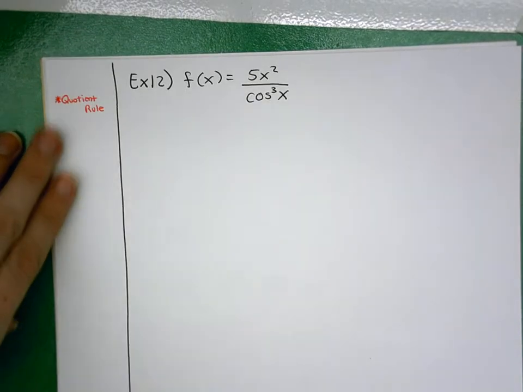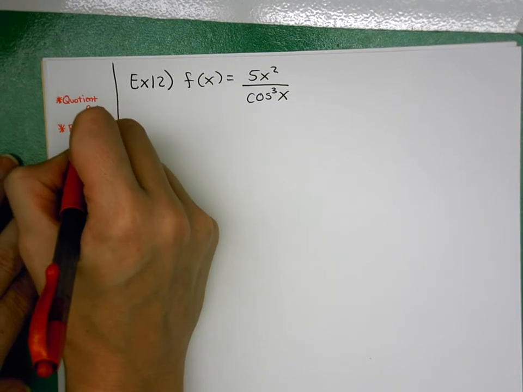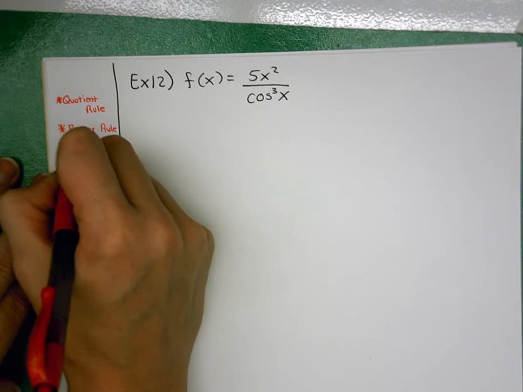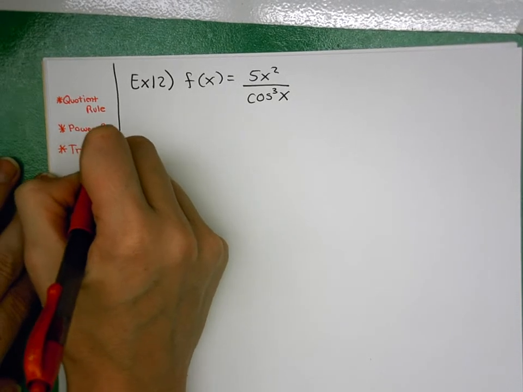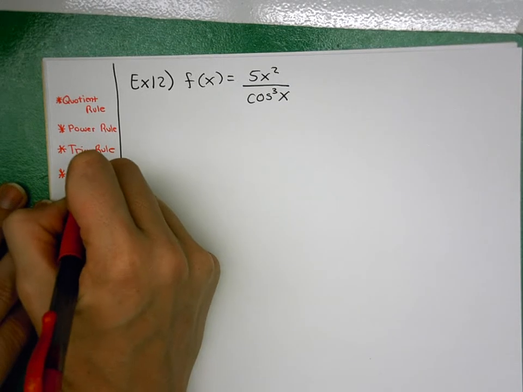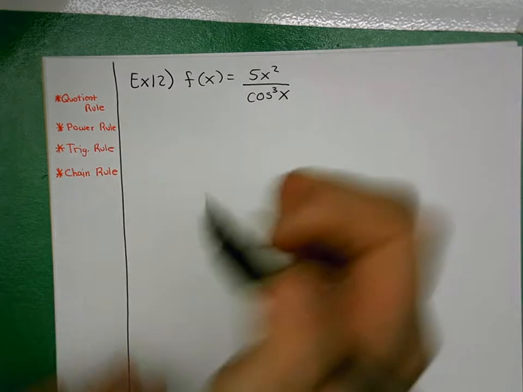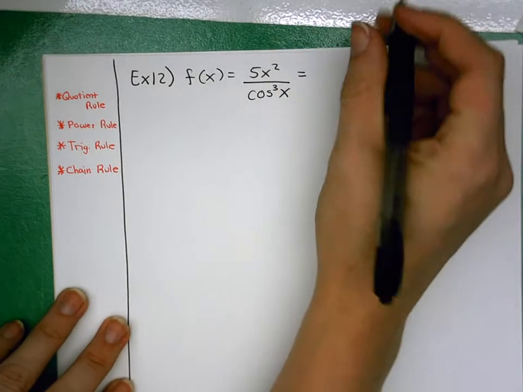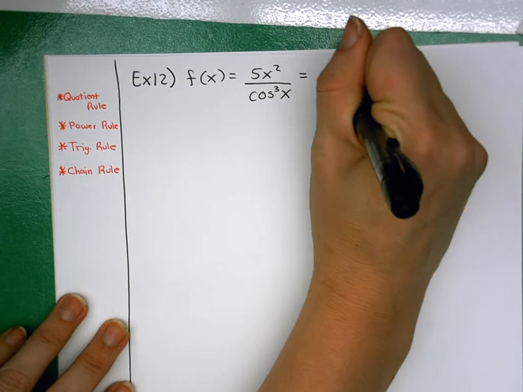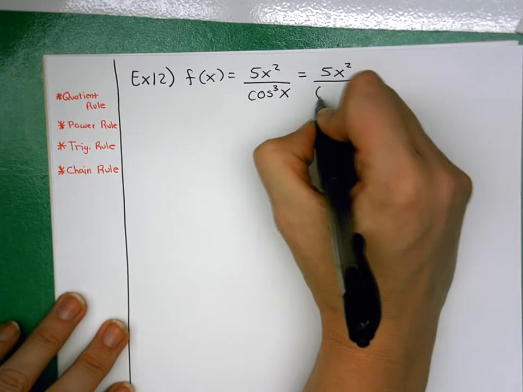We've got power rule with that 5x squared, we have our trig rules with the cosine. And then we see our new one, chain rule. Chain rule is down in that denominator function, that cosine cubed x. This is like examples 6, 8, and 11, where because that cubed is next to the cosine, my parentheses go around the cosine.